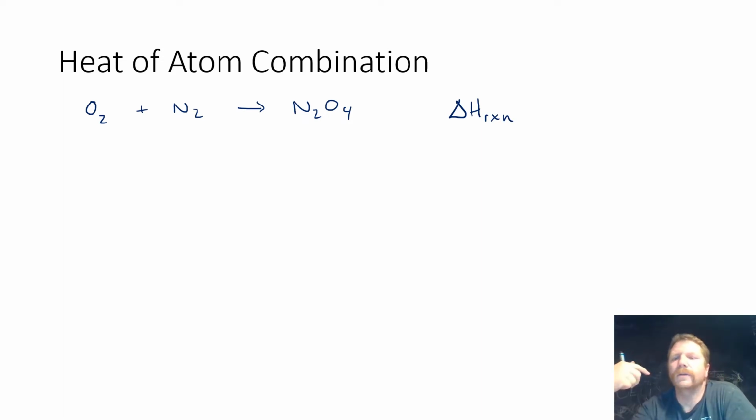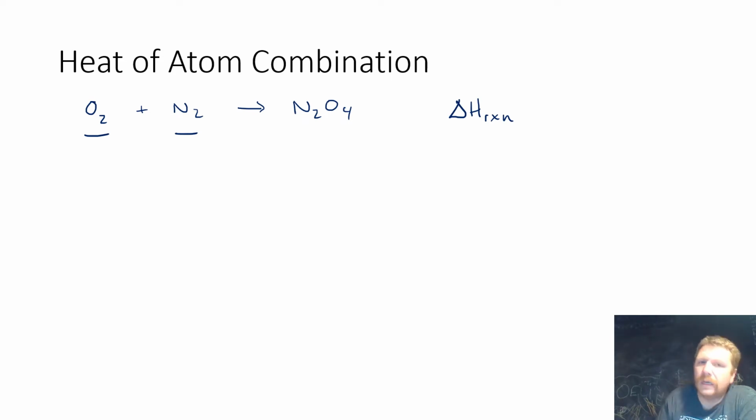So you're being asked about, from these two components, from O2 and N2, is energy going to be released as a net, or is energy going to be gained as a net? Okay, so the first thing that you have to do is balance this chemical reaction. Well, we've got 2 nitrogens on the reactant side, we've got 2 oxygens on the reactant side, so we put a 2 coefficient in front of there.